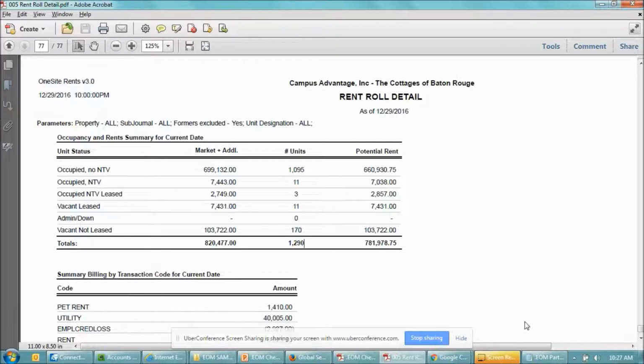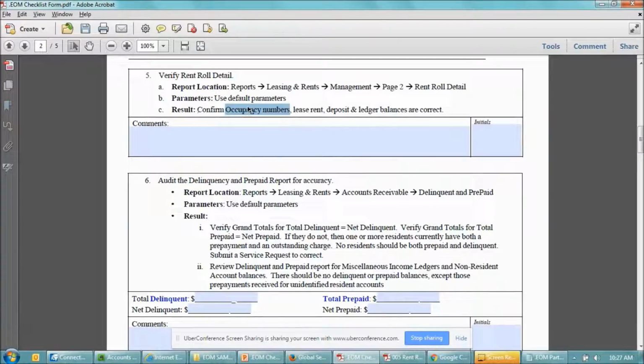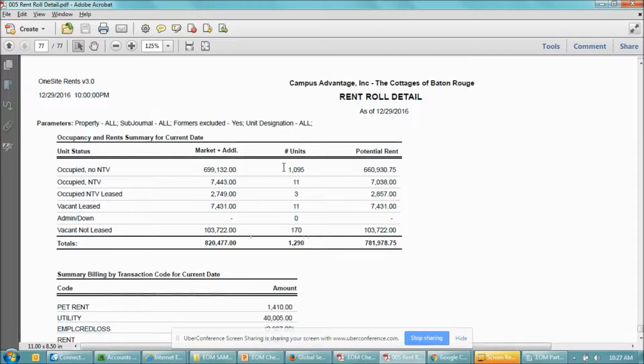Good gracious, that's a lot of beds. So the report says, confirm that these are correct. How do you know these are correct? You know when they're wrong, right? So make sure that they are an accurate reflection of the heartbeats that you have in the property, and the ones that don't have heartbeats either, the vacants.